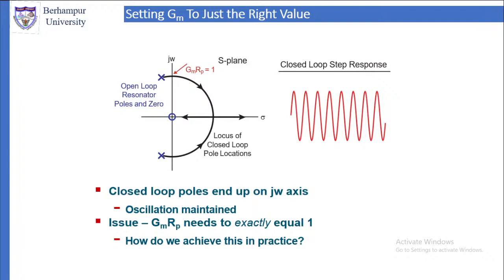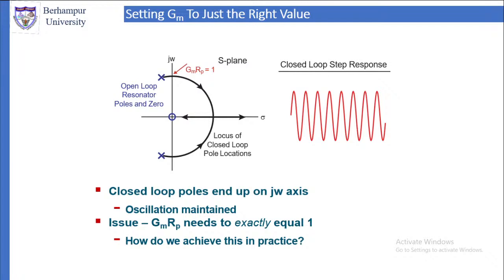Then what will happen? Closed loop poles will end up on the j omega axis. They will not be on the sigma axis, they will be exactly on the j omega axis. If the poles are on the j omega axis, then the oscillation is maintained or sustained. The only issue is that you require Gm into Rp to be exactly equal to 1.